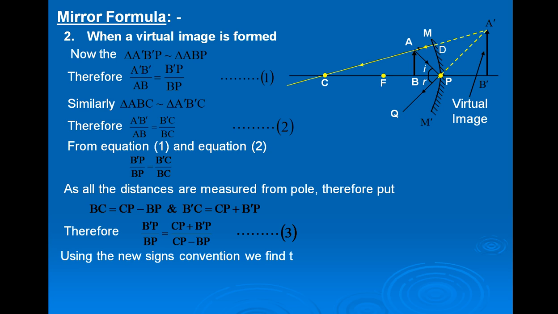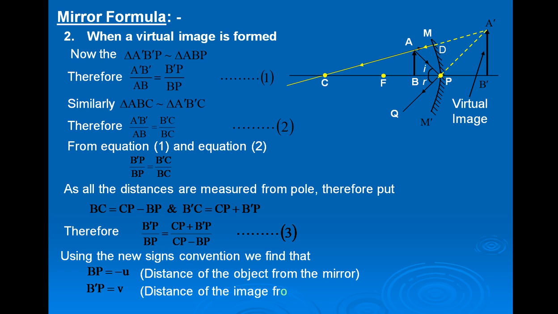Now, using the new sign convention, BP is equal to minus u, as it is against the direction of incident ray, where u is the distance of the object from the mirror. B dash P is equal to plus v, the distance of the image from the mirror, because it is in the same direction as the incident ray.